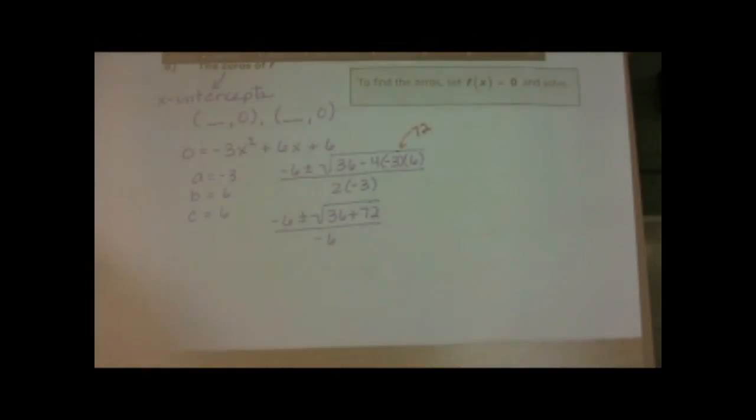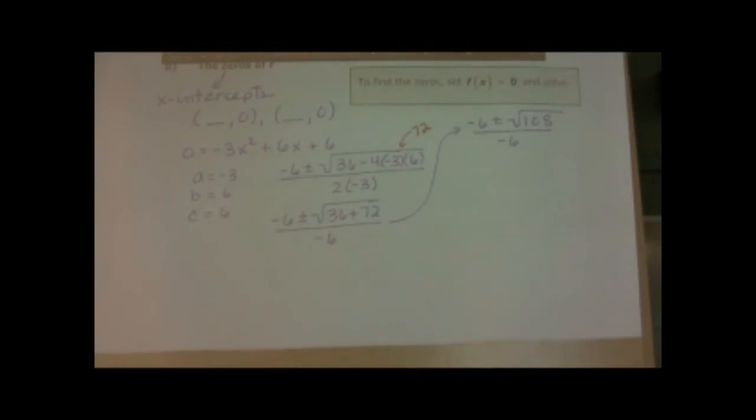All right, 36 plus 72 gives me 108. So negative 6 plus or minus the square root of 108 all over negative 6. Now I need to simplify the square root of 108. I know that 9 goes into 108, but so does 4.